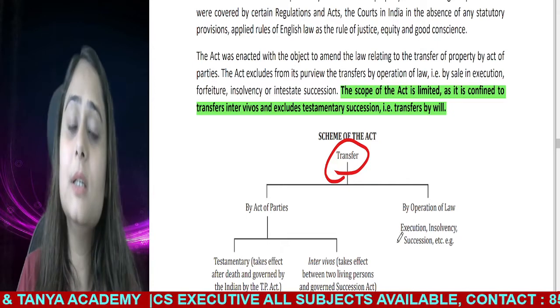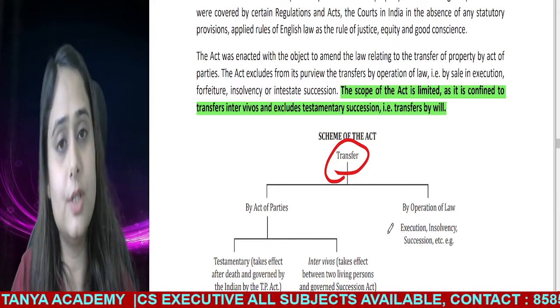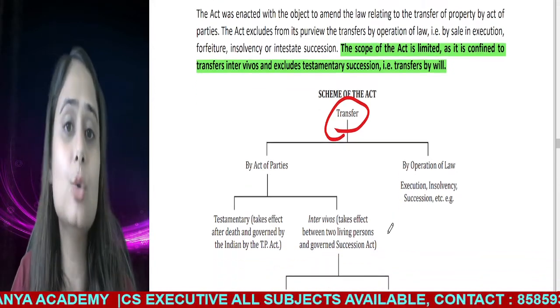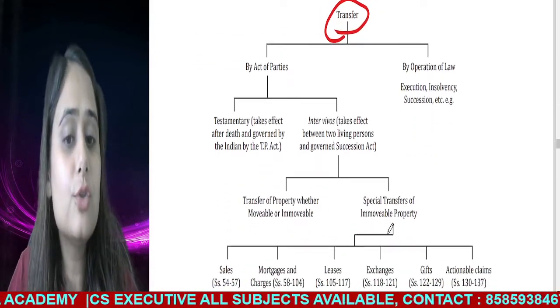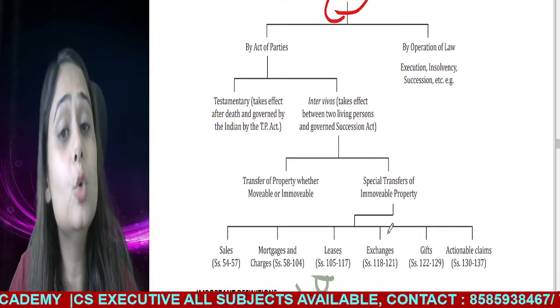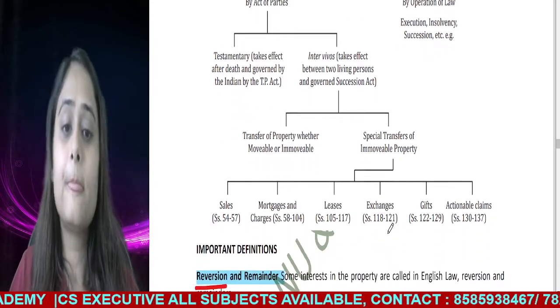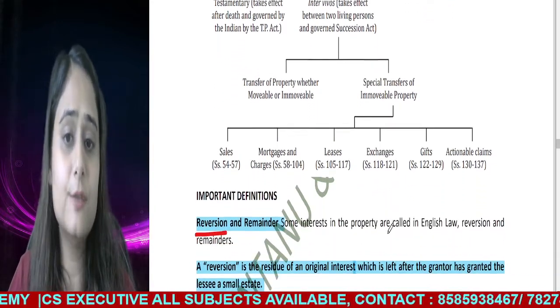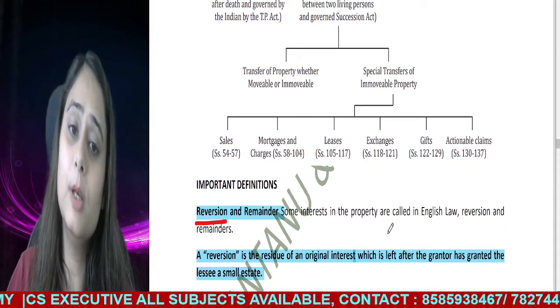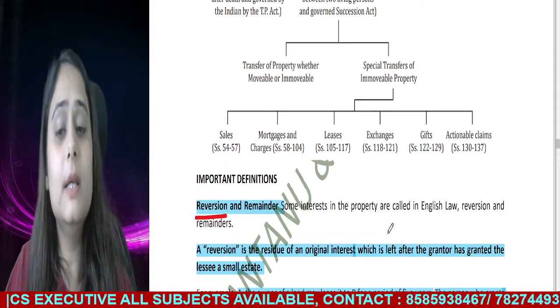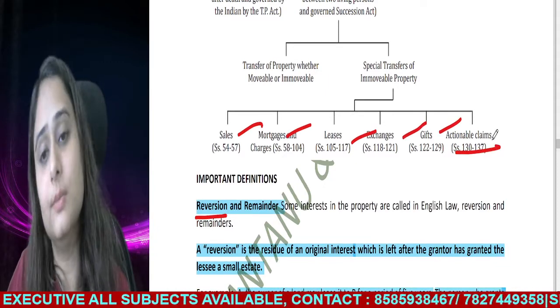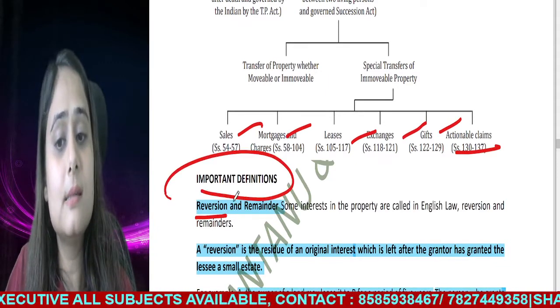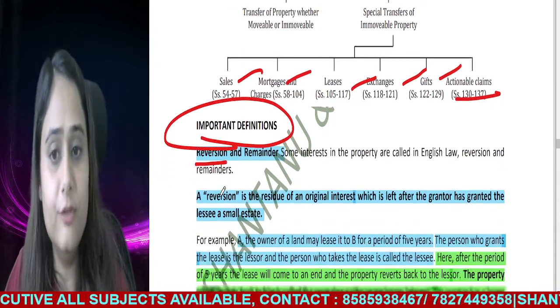That particular transaction is governed under the Transfer of Property Act, and that is known as inter vivos transfer. So inter vivos transfer takes effect between two living persons, correct? So again, transfer of property, whether immovable or movable, and we will cover everything in regards to sale, mortgage, lease, exchange, gift, or actionable claim.